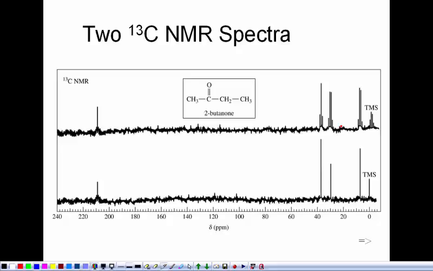On top, this is what's called an undecoupled spectrum, and here's a singlet. What does that mean? Well, a single carbon peak means it has no attached hydrogens. And its chemical shift is in the 200 to 220 parts per million region, and we'll find out on a chart that that's where carbonyls show up.